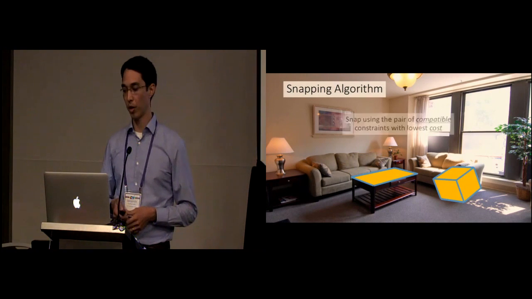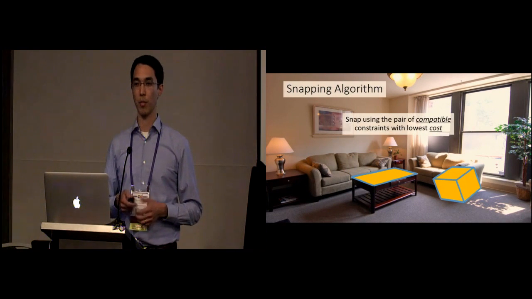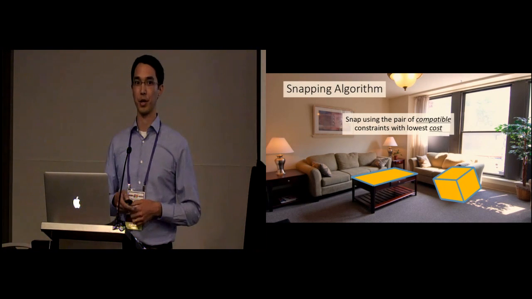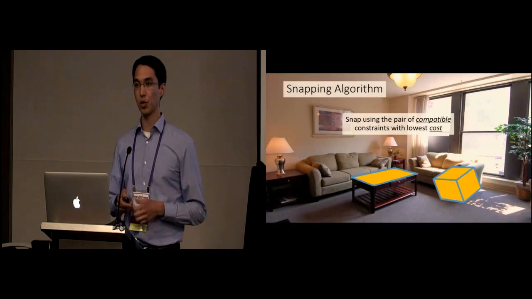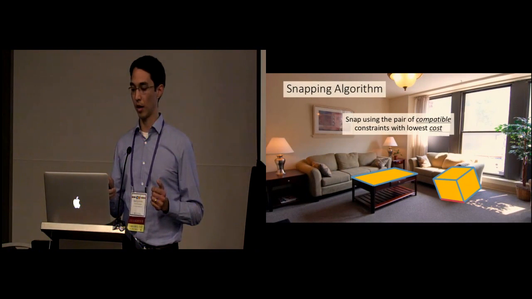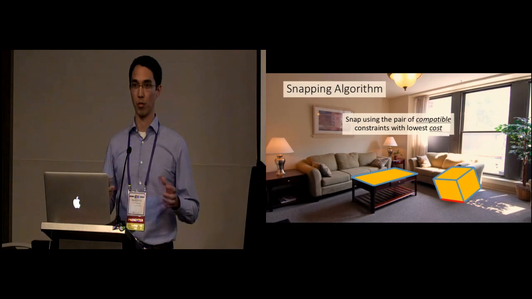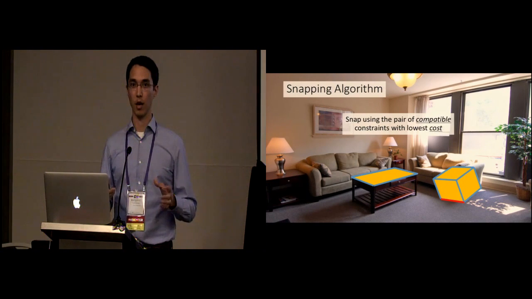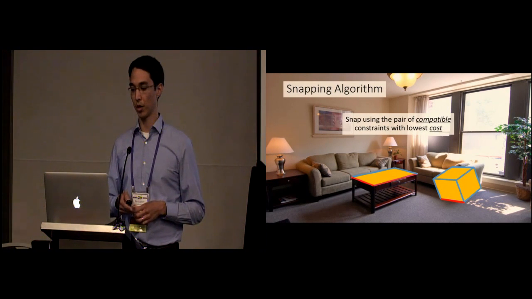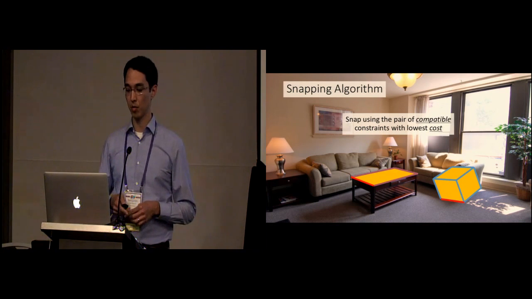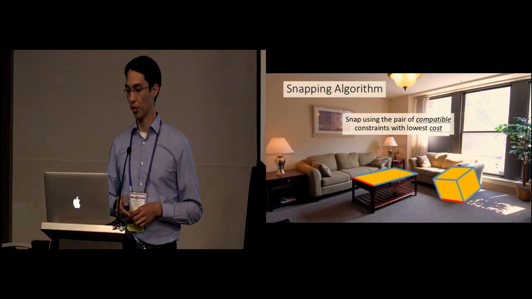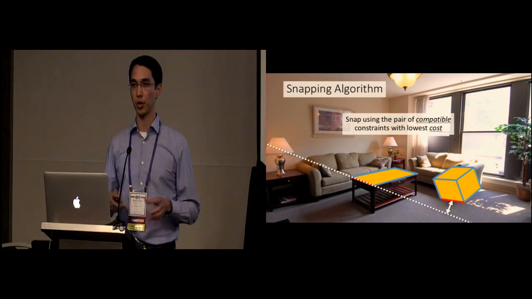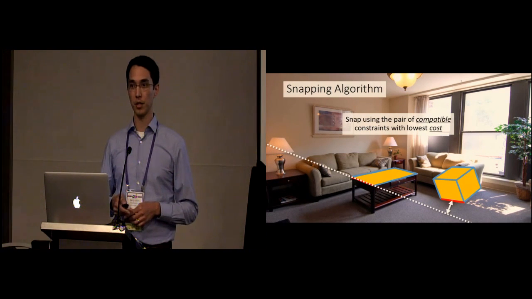So the way it works is we snap using the pair of compatible constraints with the lowest cost. And what do I mean by this? I'll explain in the context of the algorithm. It's pretty simple. We first search through all the virtual constraints, and we check to see if it's compatible with any of the real constraints. So say we're looking at this red virtual constraint, and we check all the real constraints, and say now we're focusing on these 2 red edges. We check if they're compatible by making sure that they're close enough in distance.